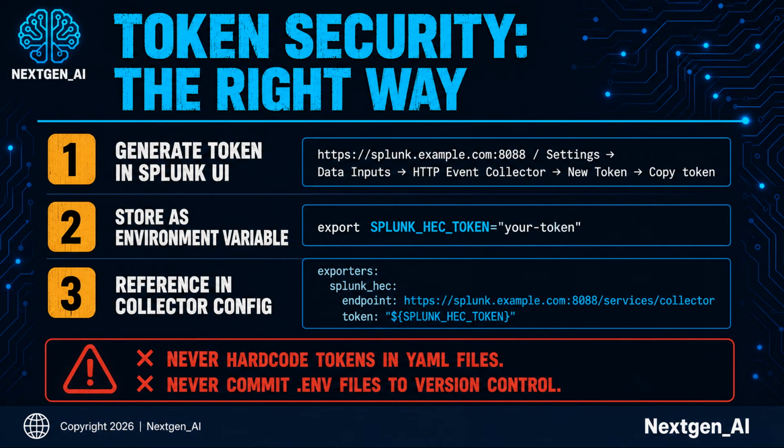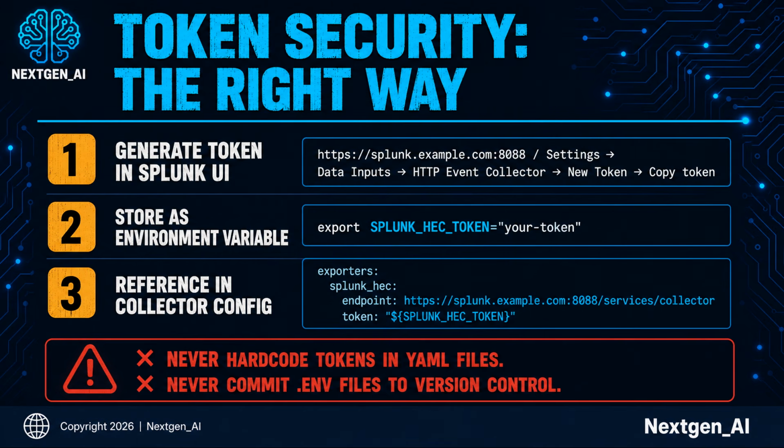Authentication with the Splunk HEC is handled via token-based security. You do not use usernames and passwords to send data to the HEC endpoint. Instead, you generate a unique cryptographic token within the Splunk interface. This token is a highly sensitive credential.